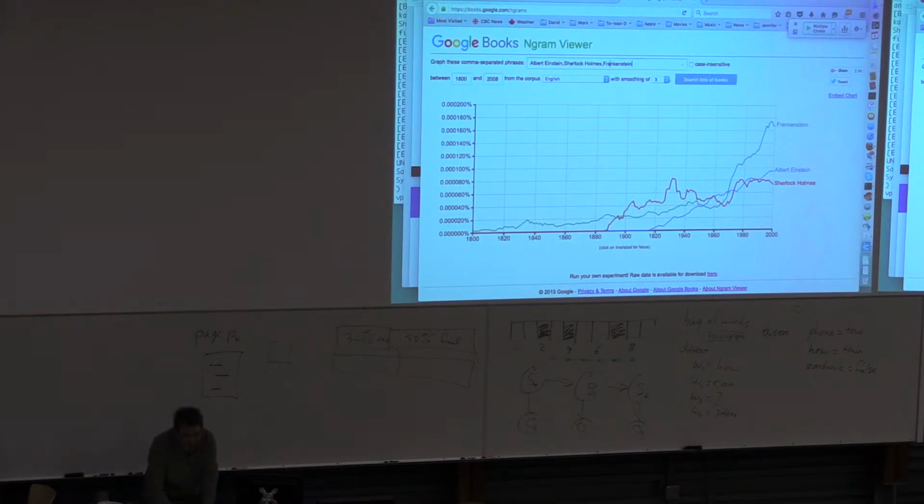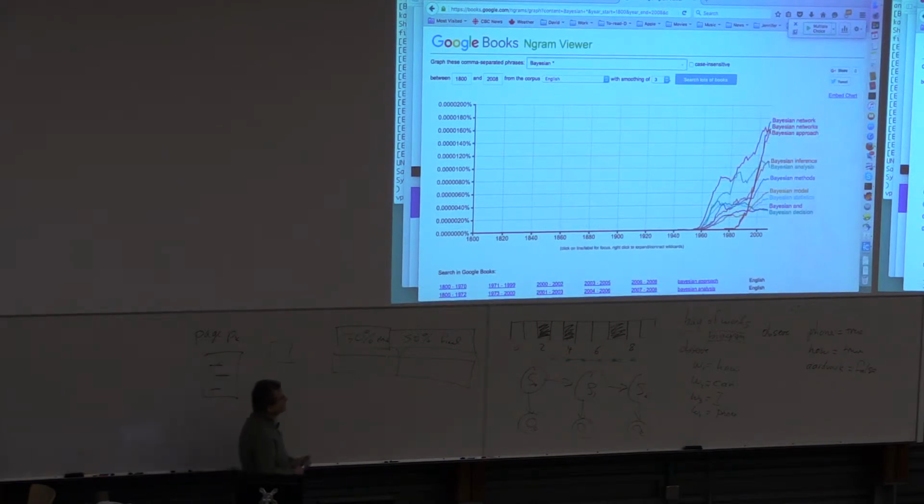And you can do things like logic star. I'll do this one. Let's just do Bayesian star. So you can predict here all the words Bayesian followed by something up to 2008.